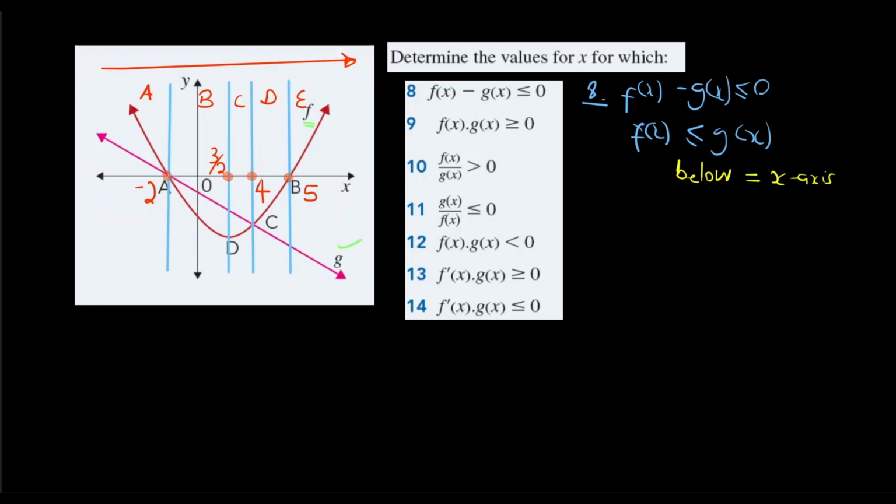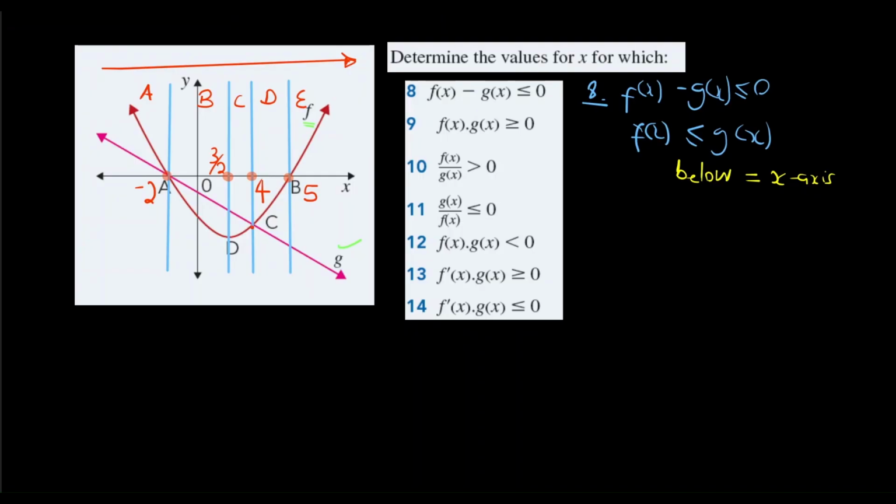So our answer starts from -2, and then to the right, in area B and area C, we can see that the graph of g is above and the graph of f is below. And this is what we're looking for. But the parabola is only below the straight line up until the point C, to be precise, up until the x value of 4, because we're using x values to determine these areas.